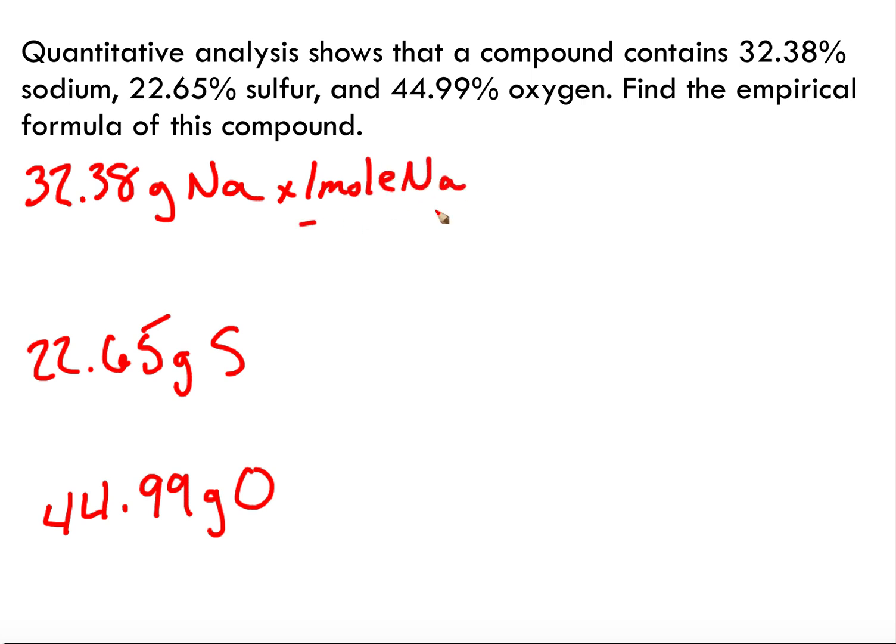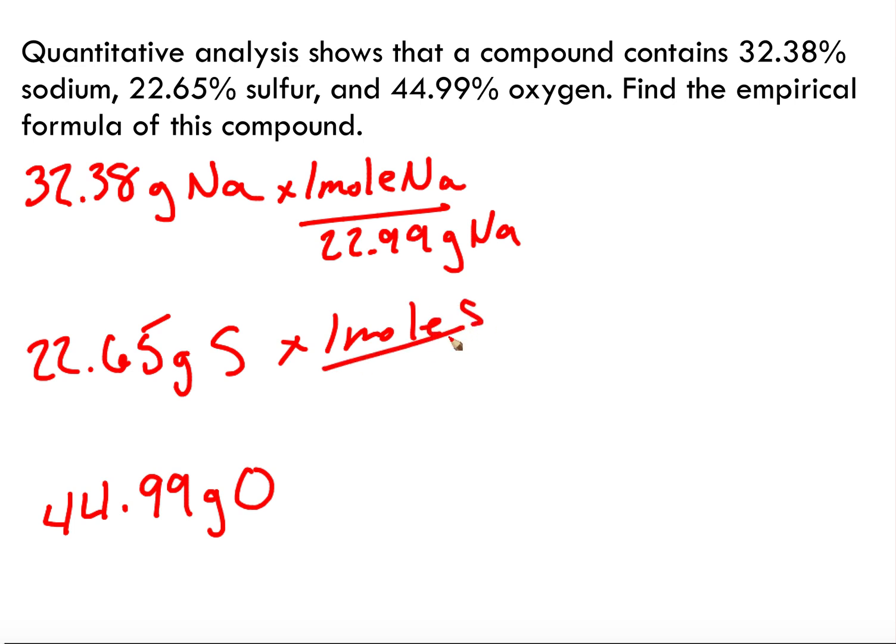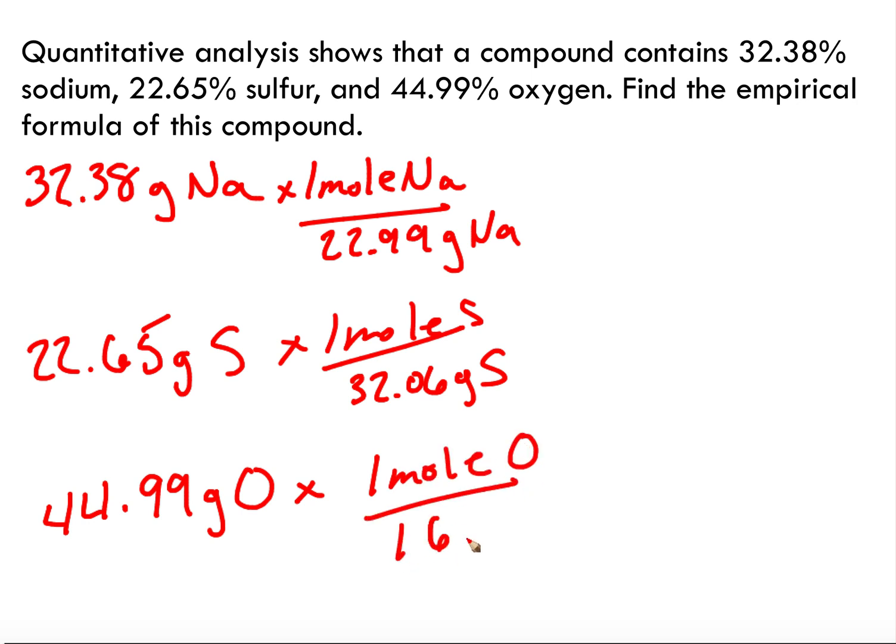So next, let's change these to moles. 1 mole of Na over 22.99 grams of Na, times 1 mole of sulfur over 32.06 grams of sulfur, times 1 mole of oxygen over 16 grams of oxygen.